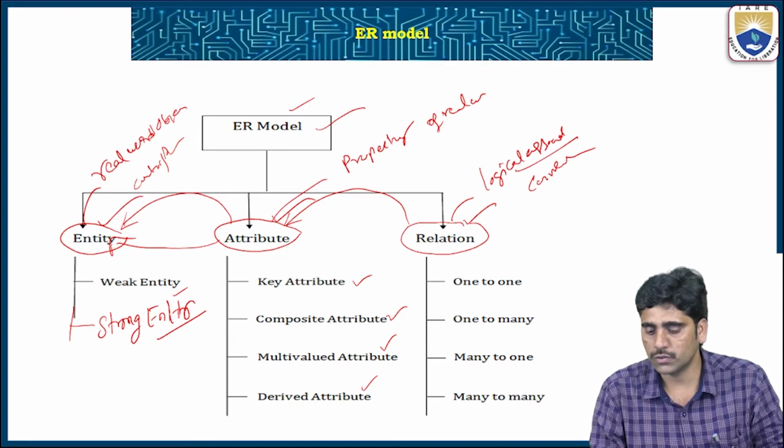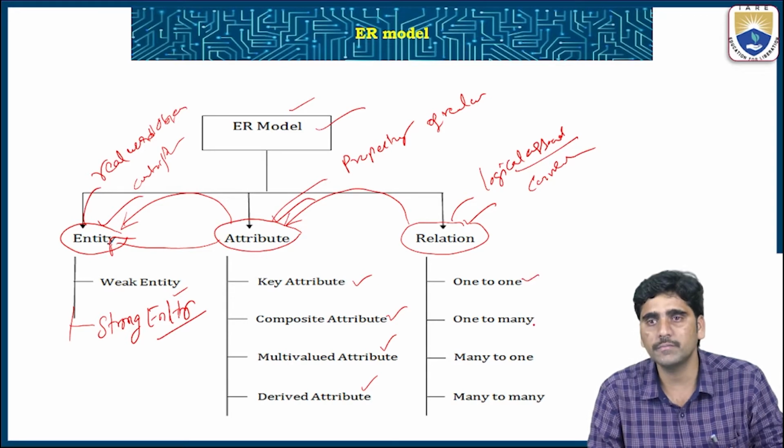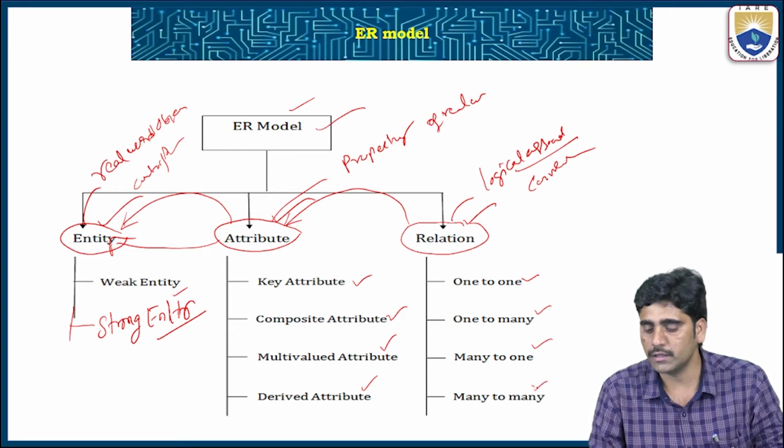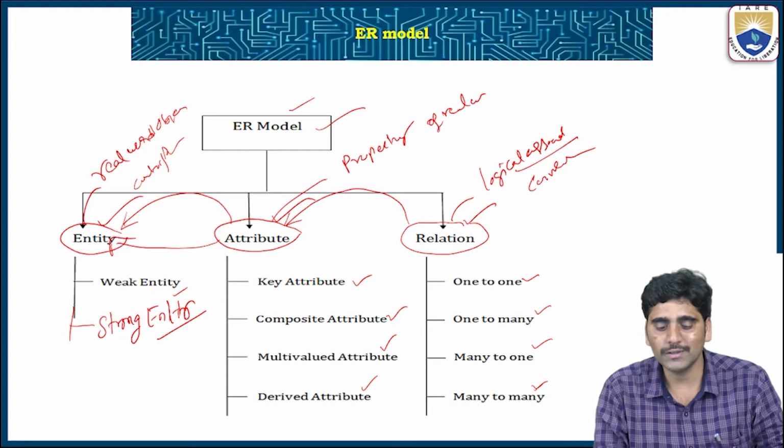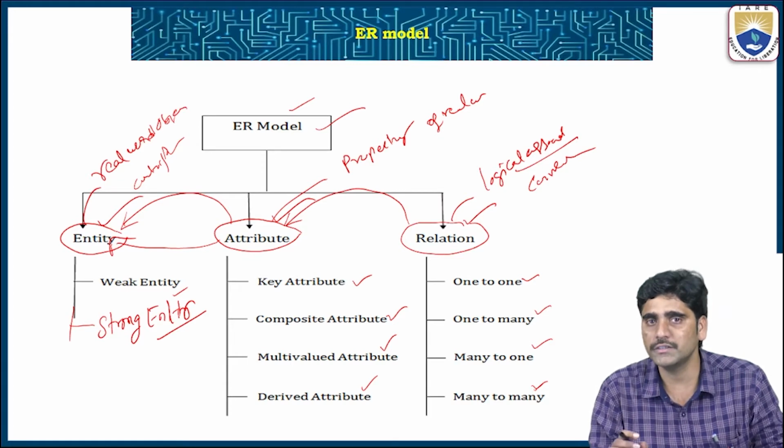Relations can be one-to-one, one-to-many, many-to-one, and many-to-many. With all these entities, attributes and relationships, we are going to design an efficient software to utilize in a simple and easy way.